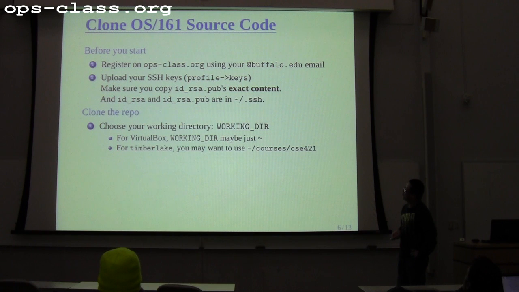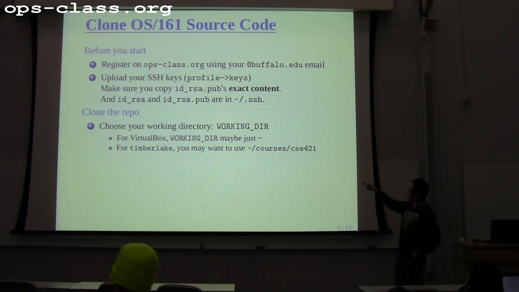And so now we clone the repo. Before doing that, you need to decide your working directory. If you're using VirtualBox, you may just use the home directory as your working directory. That's the default option. Or if you're using Timberlake, you want to create a separate directory just for this experiment, so you don't upload all this stuff to your home directory.